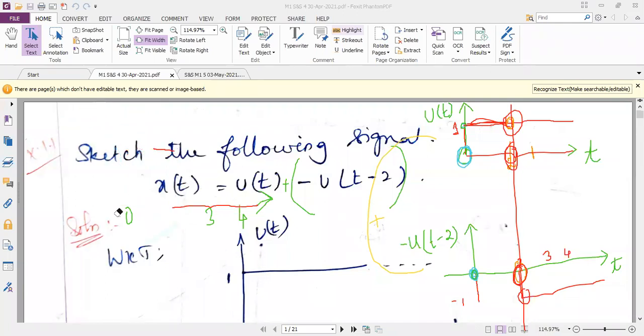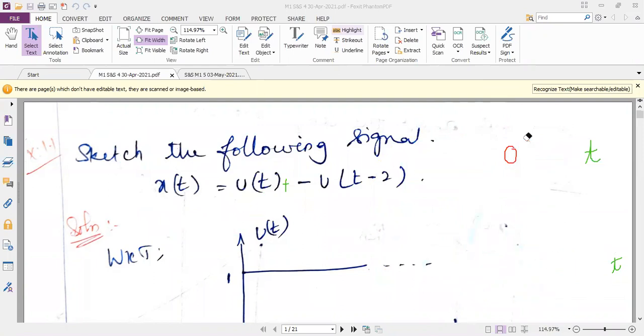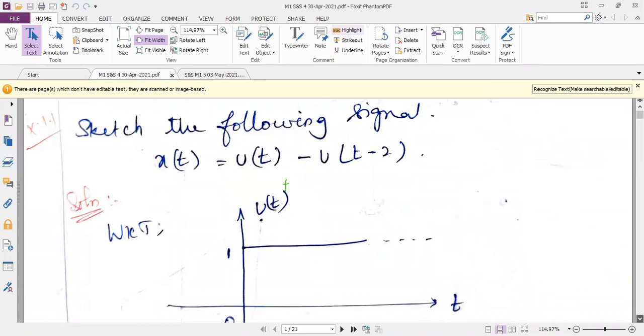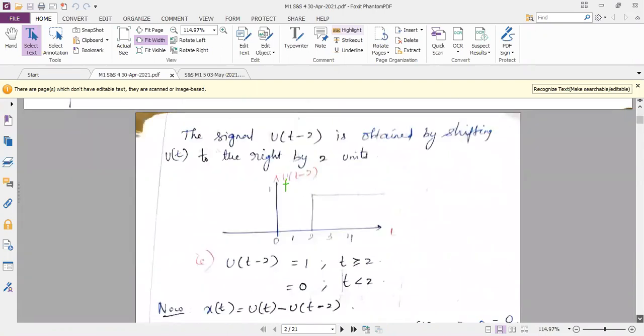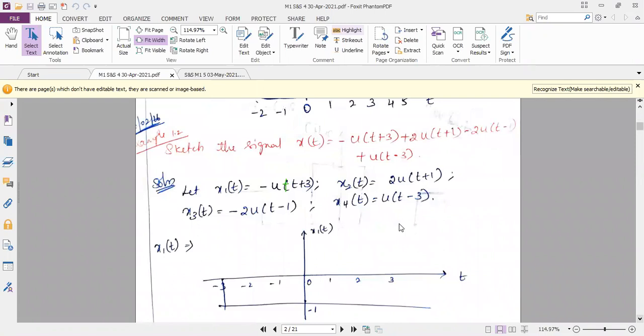Yes, ma'am. Okay. So now the next problem is based on the same unit step signal only. So we will do it very slowly and without any confusion. Now I will share the screen. Okay, just copy this question.